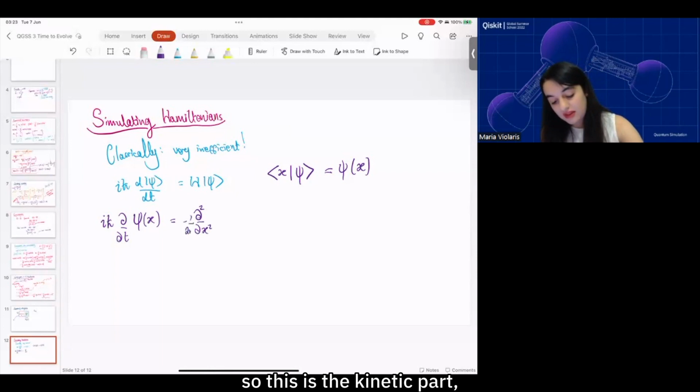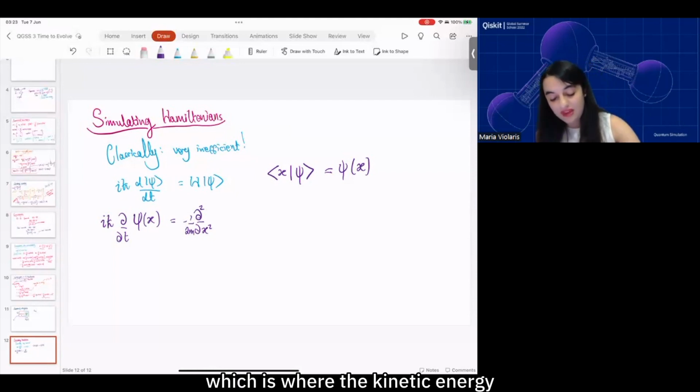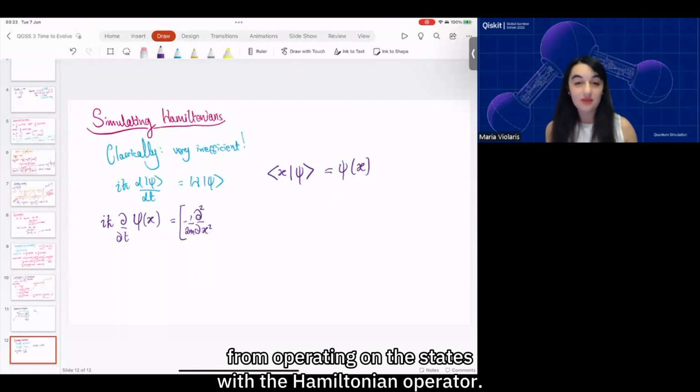This is the kinetic part, where the kinetic energy of the particle would come out as the eigenvalue from operating on the state with the Hamiltonian operator.